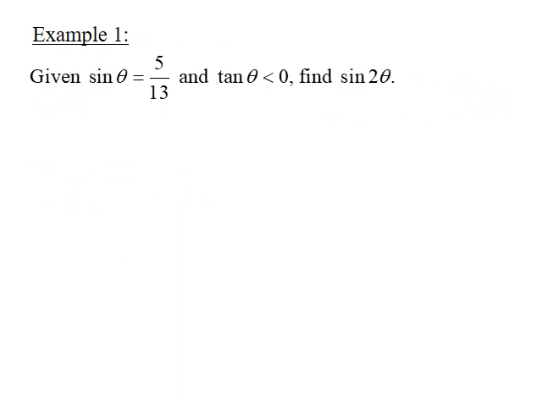Okay, so here is our first example. We are given sine of theta is 5/13, and we are given that tangent of theta is less than 0, which means tangent of theta is negative, and we want to find sine of 2 theta. Well, we need to figure out which quadrant we are dealing with.